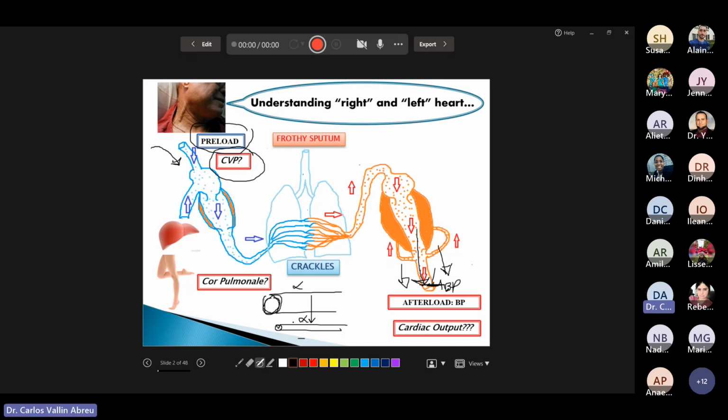And you know, if the person has vasoconstriction, it's going to be very difficult to move the blood through those narrow blood vessels. If the person has the blood vessels open, it's going to be much, much easier for the left heart to move the blood forward.